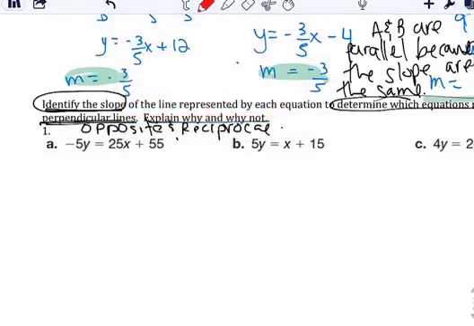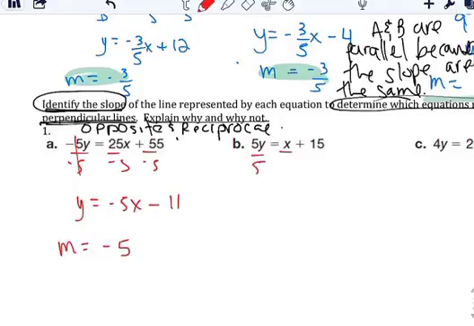You need to find slopes, so you need to make it in slope-intercept form. Divide by -5. Got y equals -5x minus 11. So the slope here is -5. Divide by 5 here.